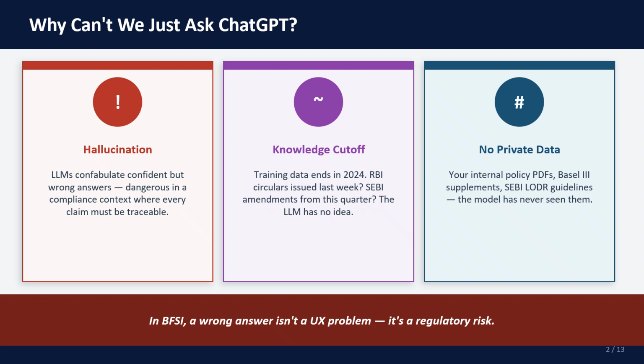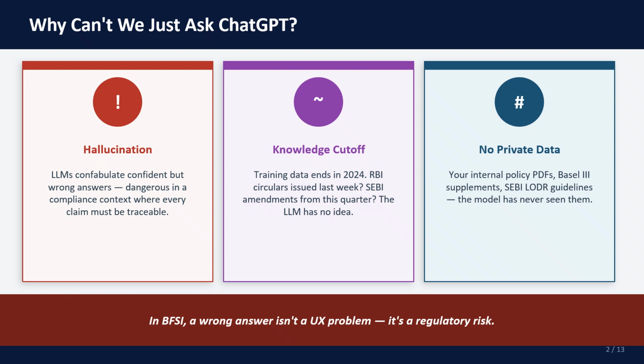The first one is hallucination. LLMs are trained to generate fluent, confident text, but they don't always generate correct text. They can fabricate facts, cite non-existent regulations, and give you a wrong answer with complete confidence. In a consumer app, that's annoying. In a BFSI compliance context, that's a regulatory risk.